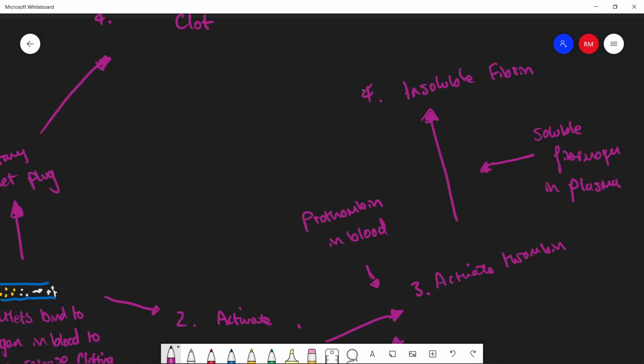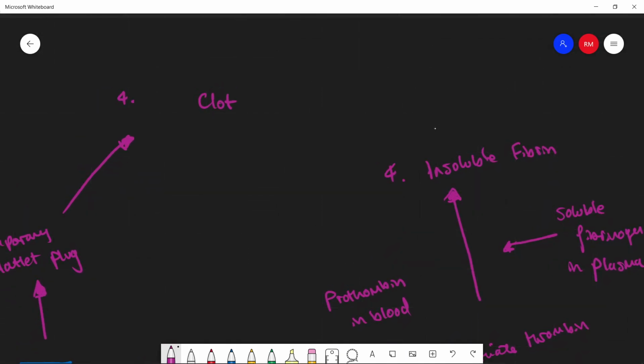Okay. And these then attach, let's reinforce the platelet plug, and thus we have our fully formed clot.